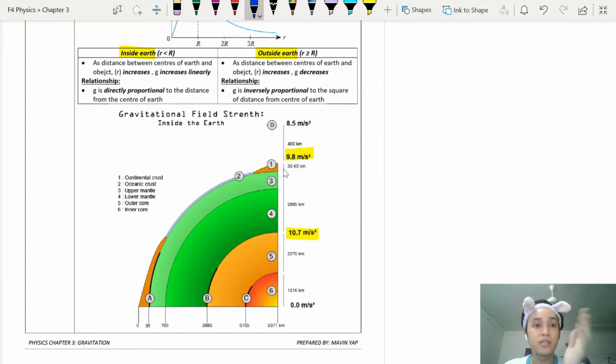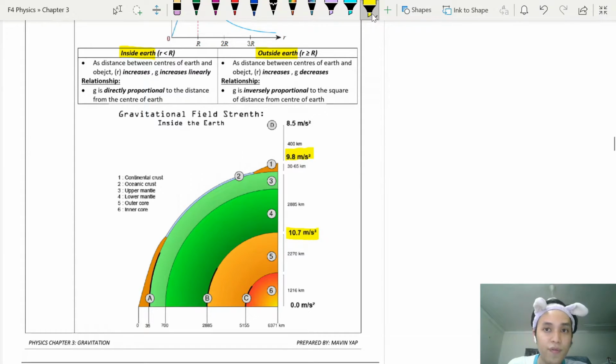However, in your syllabus, I think they do not want to make it too confusing for you, so they are just telling you that when you move from the core until the surface of the Earth, your gravitational acceleration increases.